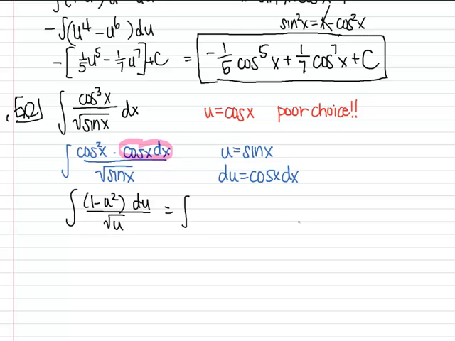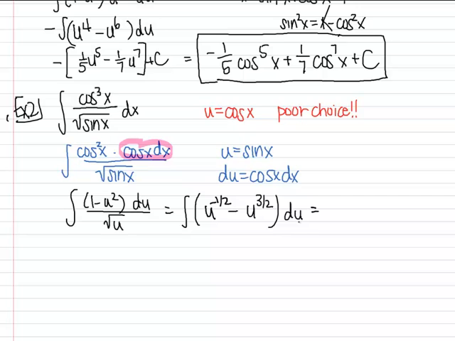So rewriting this, I have 1 over square root of u minus u to the 3/2 power du. Some of you may want to write 1 over square root of u as u to the negative 1/2 power. And we can just do our power rule and integrate this.